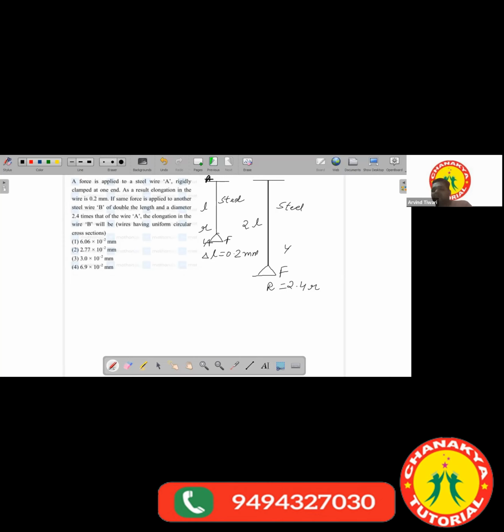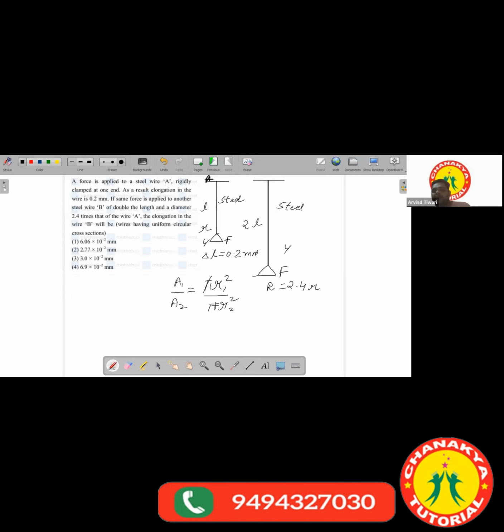Now, if we have a relationship between the radii, we can find out the relationship between the areas also. Let area A1 be the area of the first wire and area A2 be the area of the second wire. So we can find the ratio as pi R1 squared over pi R2 squared.